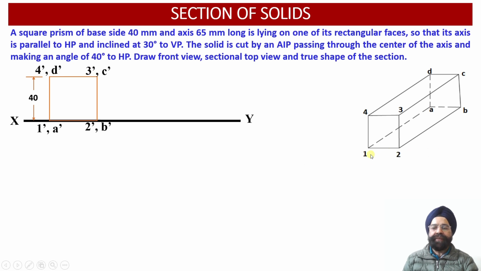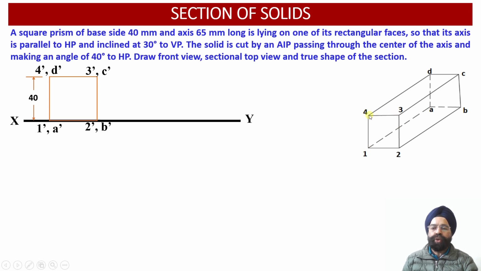So now as we have discussed, the two faces, they will be overlapping with each other. So we are going to get points 1 dash and A dash coinciding with each other. Points 2 dash and B dash, they will be coinciding with each other at the base. So this is the rectangular face onto which the square prism happens to be resting onto the ground.